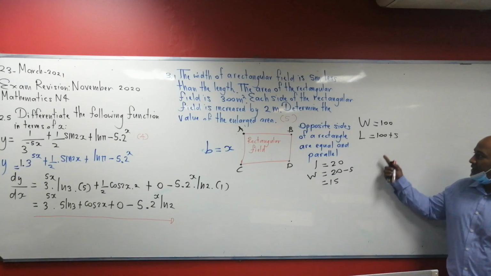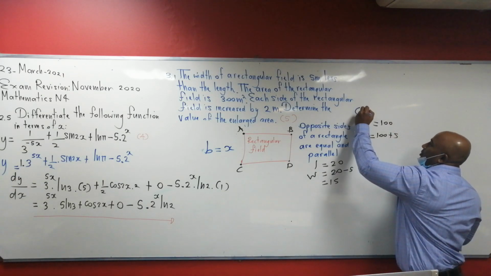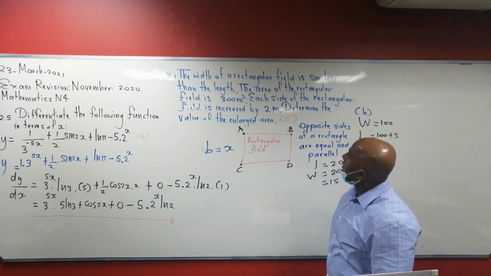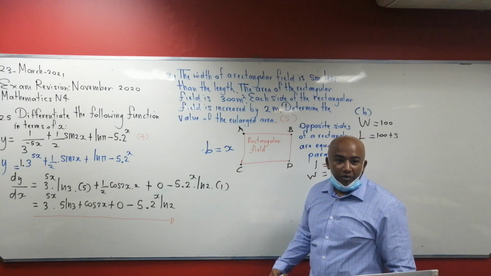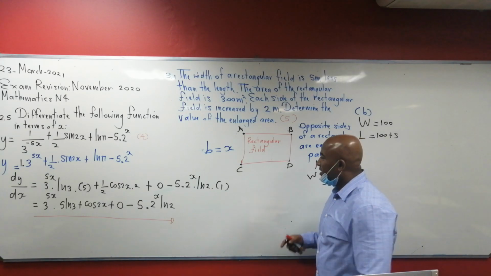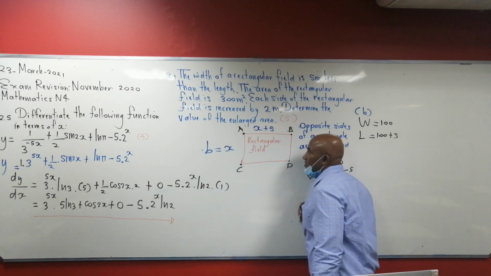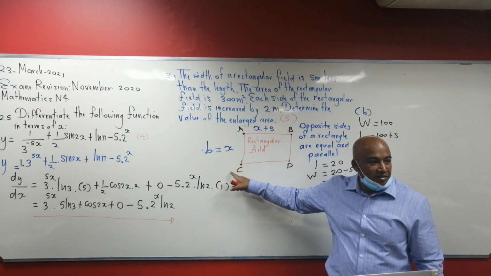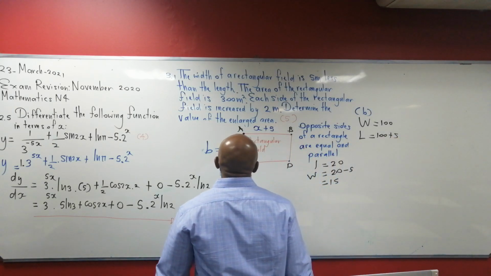So I'm saying the width, or the breadth, is x, and the length is going to be 5 meters more. You understand that? So it's going to be x plus 5. Or you start off with x for the length, and then the breadth is x minus 5. It's up to you. It's a simple thing.